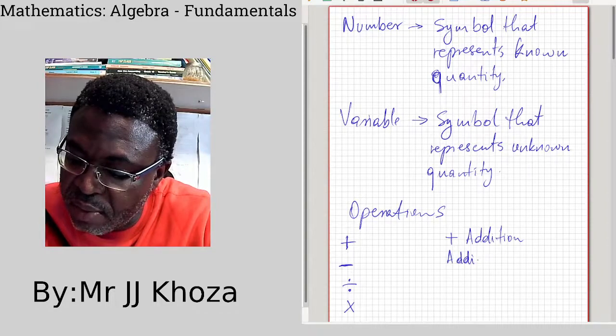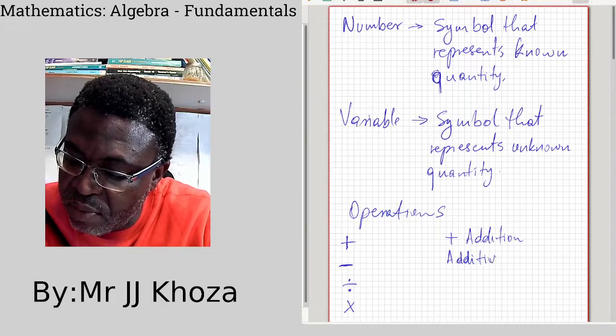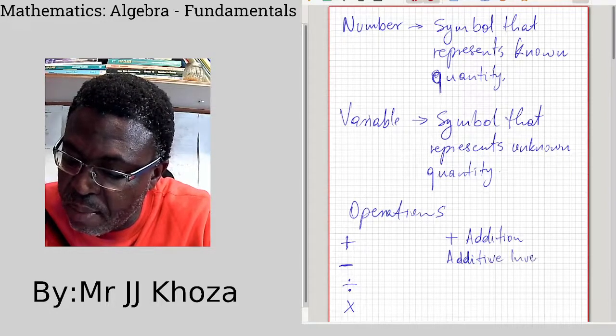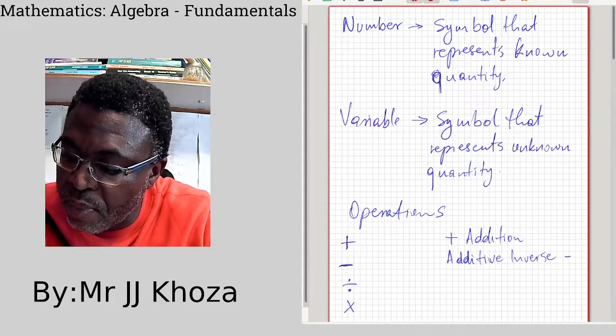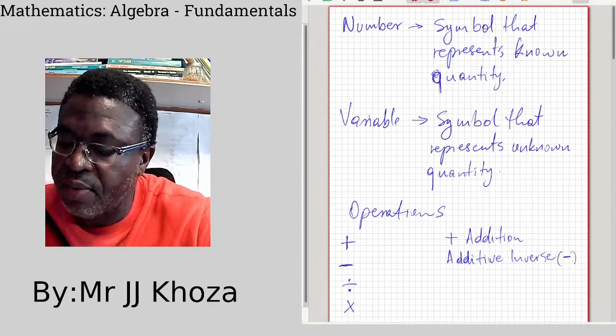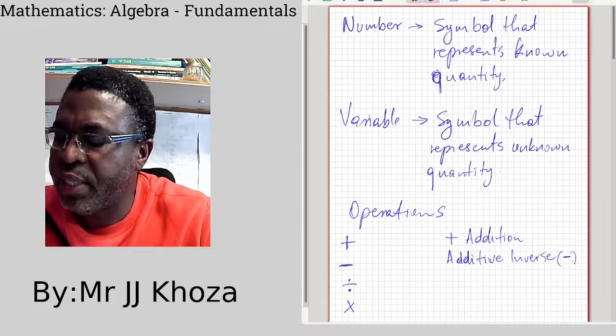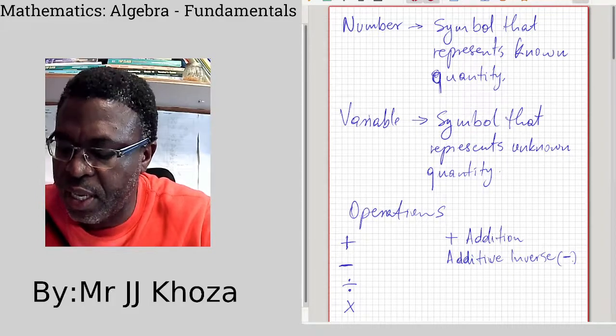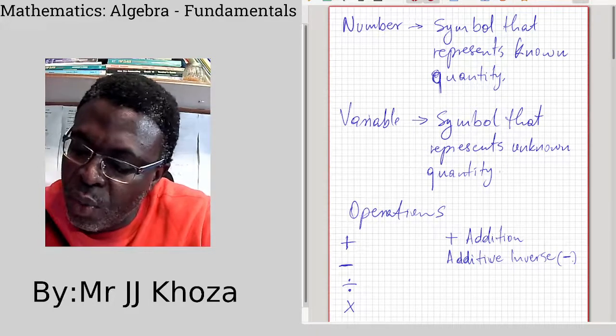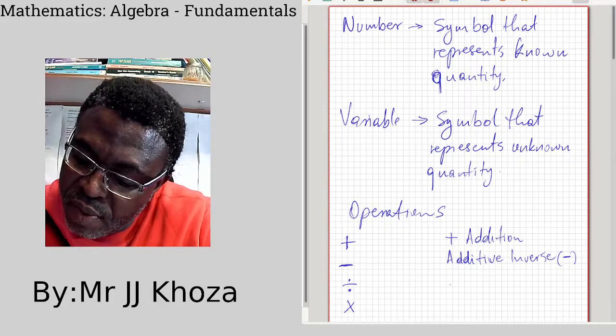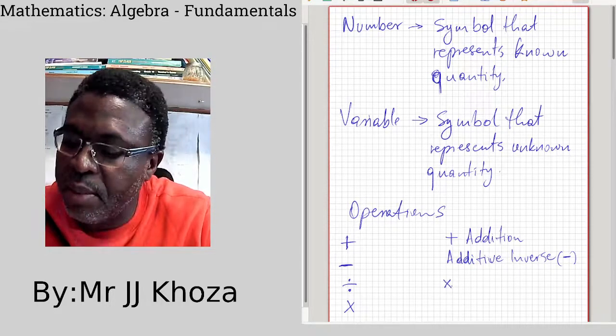Additive inverse. It's a negative sign, meaning that you add a quantity with a negative sign. We also have multiplication.